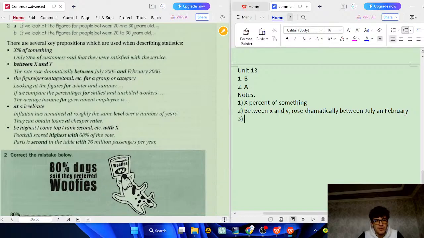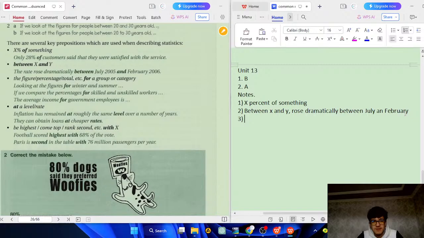Figure: the percentage, the total, etc. for a group or category. Looking at the figures for winter and summer. Figures for a percentage, for a total or group or category.